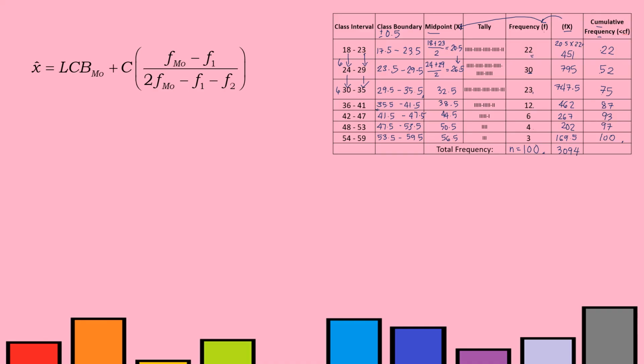Okay, here is our table again. So as you can see, in this column, the highest frequency is 30. This means that this row is the modal class. Okay?